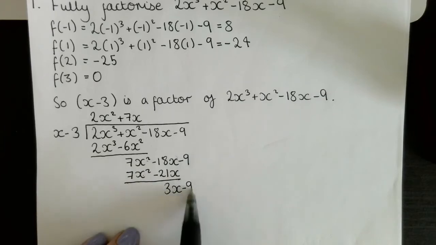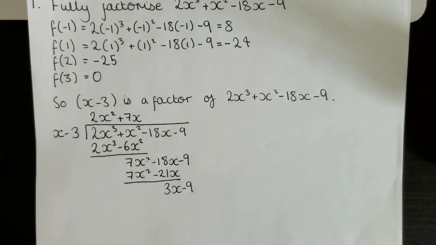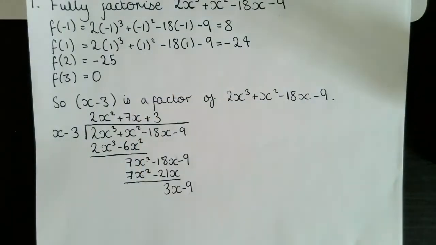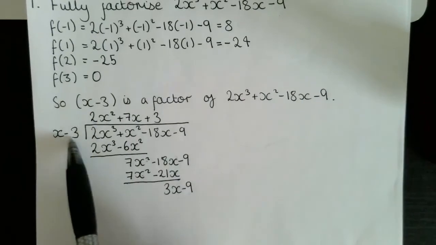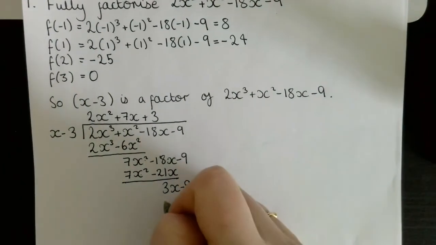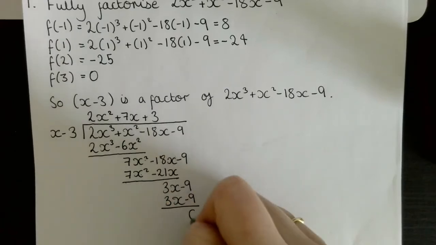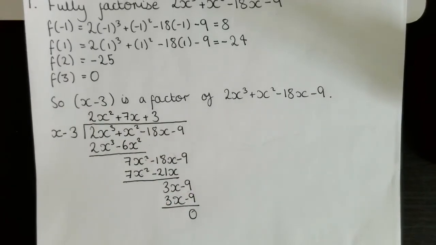Now I'm going to divide this polynomial by x minus 3. 3x minus 9 divided by x, that is 3. Then I'm going to multiply x minus 3 by 3, and I get 3x minus 9. When we subtract them, we get 0.